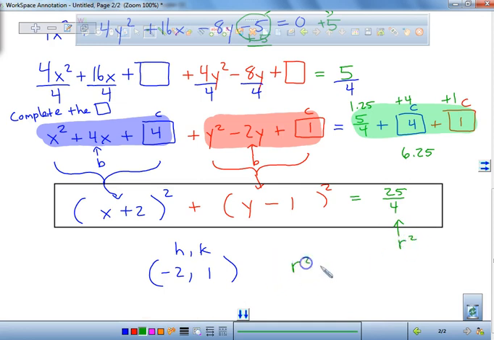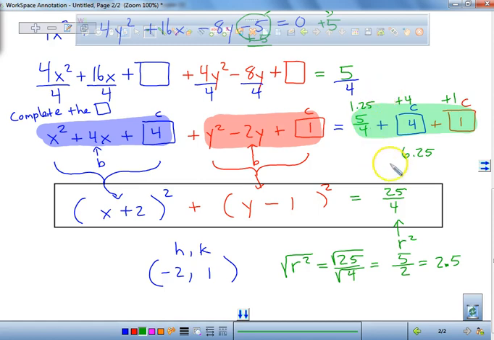So if r squared equals 25 over 4, did anybody see that 25 is a perfect square, and 4 is a perfect square? That's why I wanted to change it to 25 over 4, because the square root of 25 is 5, and the square root of 4 is 2. So what's our actual radius equal to? 2 and a half. Because 5 over 2 is 2 and a half.